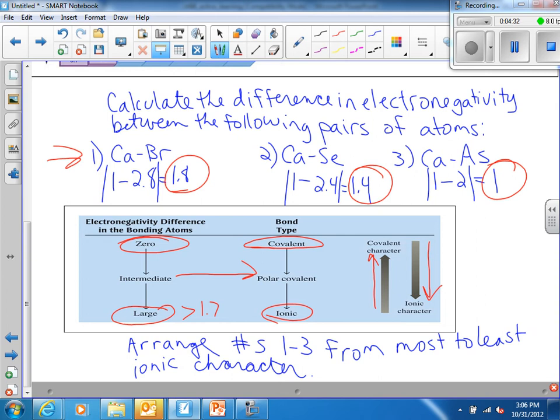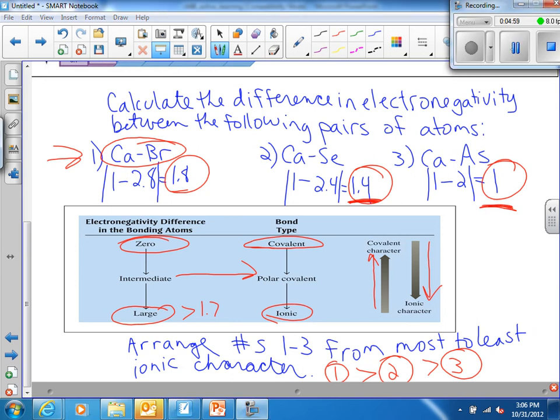Hopefully you see that number 1, calcium and bromine together, would be the most ionic character. Number 2, the difference is 1.4, would be a little bit less ionic character. And number 3 would have the least ionic character because the difference in electronegativity is only 1.